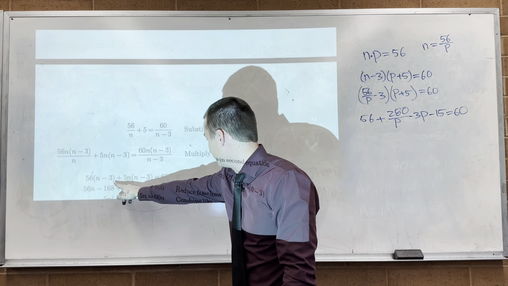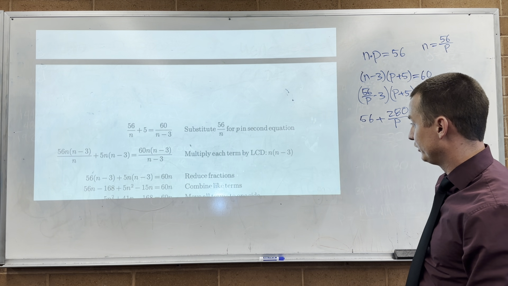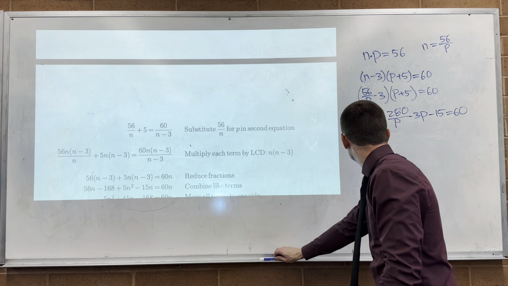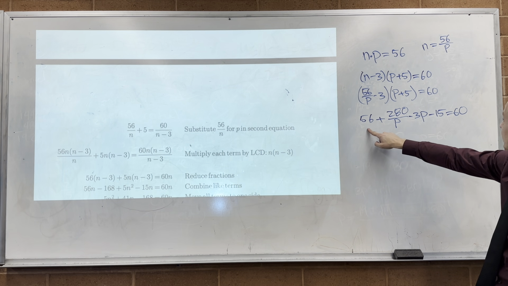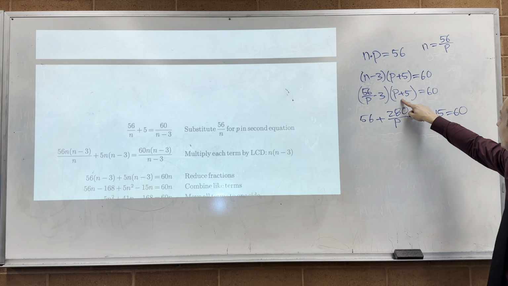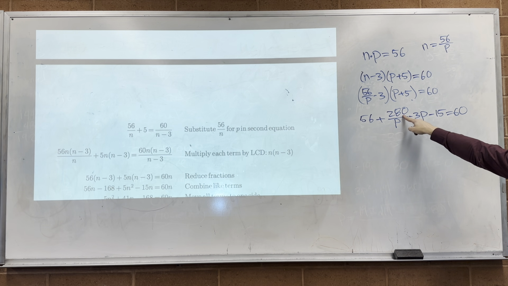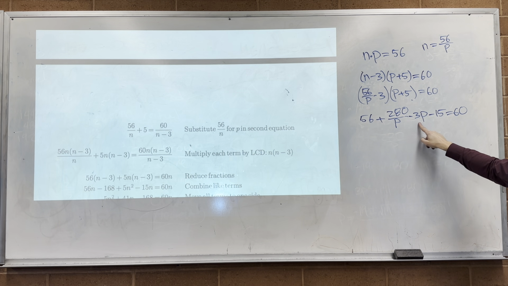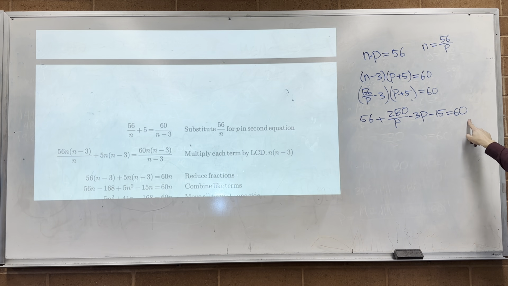And let's make sure I got the same thing he's got. Oh, he substituted out the p's for the n's. So we'll get slightly different answers, but should be close to the same thing. 56 over p times p gave us 56. 56 over p times 5, 250 plus 30, 280, that's right, over p. Minus 3p minus 15 is equal to 60.